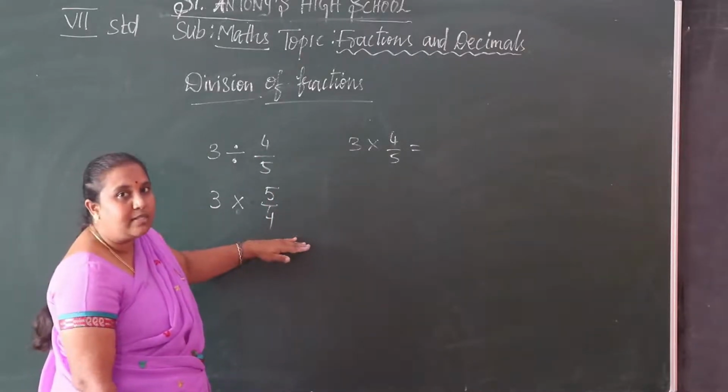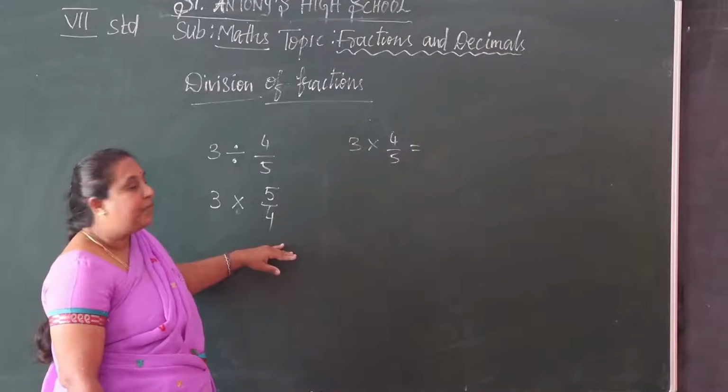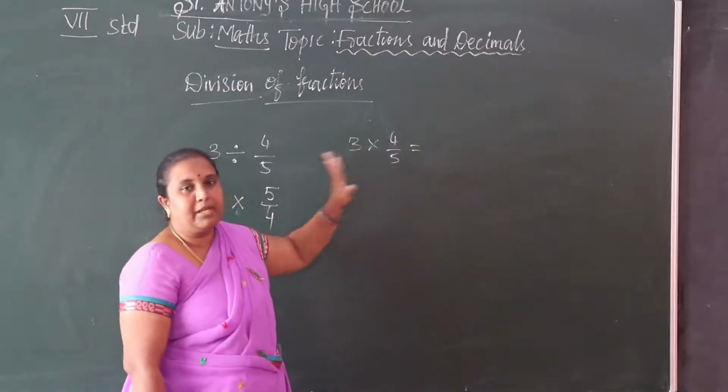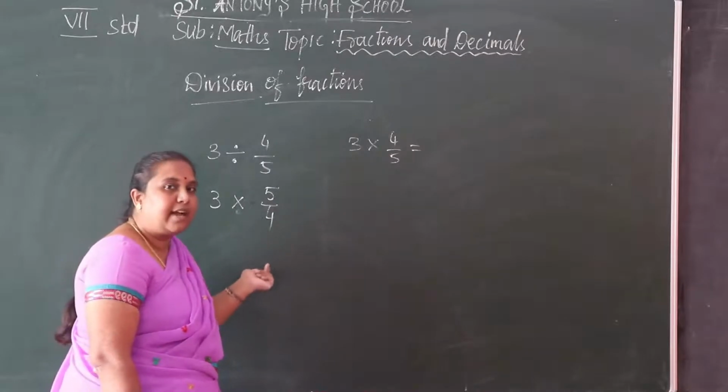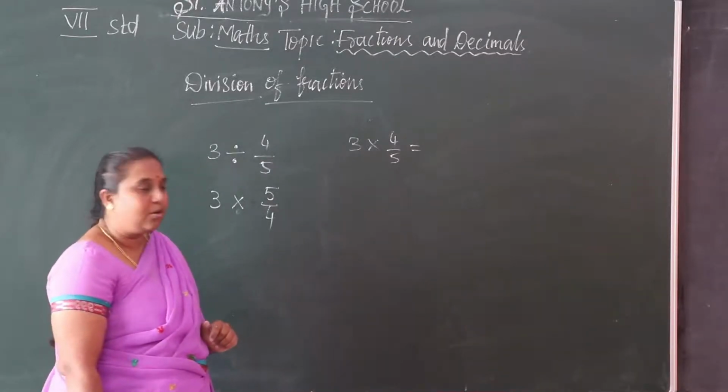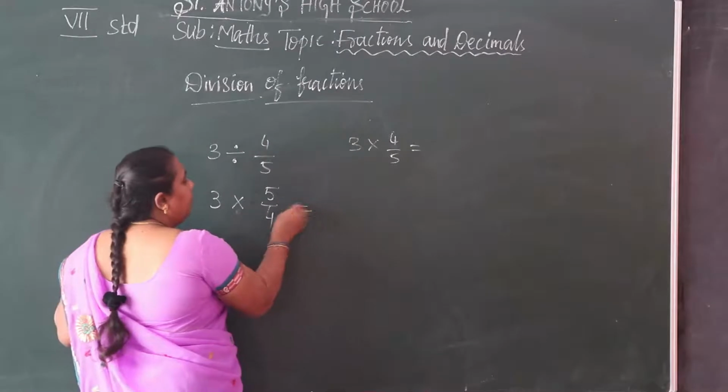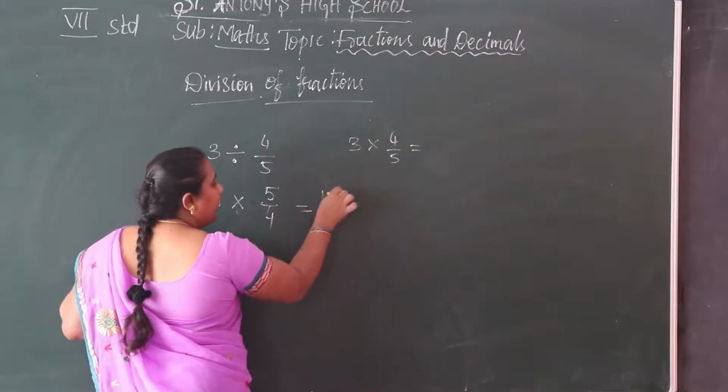And then what method do we use here? The same as in multiplication: we multiply the numerators and write the denominator as it is. So 3 5s are 15, and the answer is 15 by 4.